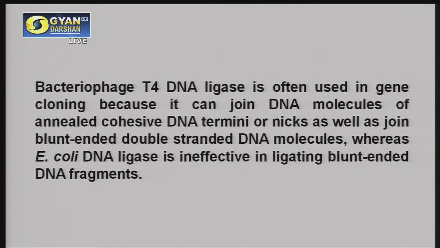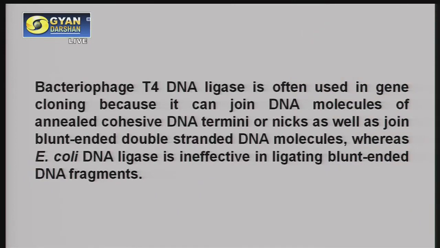But which is more common in use, E. coli DNA ligase or T4 DNA ligase? Answer is T4 DNA ligase. Why? Because T4 DNA ligase can join DNA molecules of annealed cohesive termini or nicks, as well as join blunt-ended double-stranded DNA molecules. You remember I just talked about the two different types of cuts.